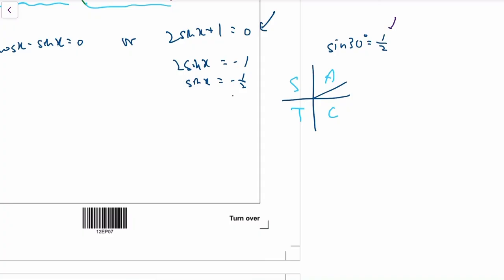But we want negative half, so you want to go to quadrants where sine is negative. S would mean sine is positive, so you go to the other two. And then you should memorize the angles for the other two quadrants. Those are 180 plus and 360 minus.